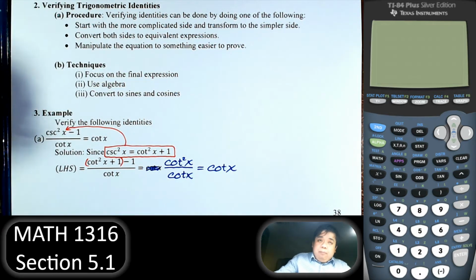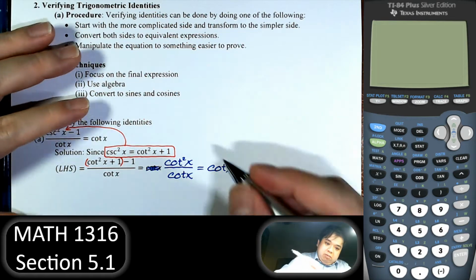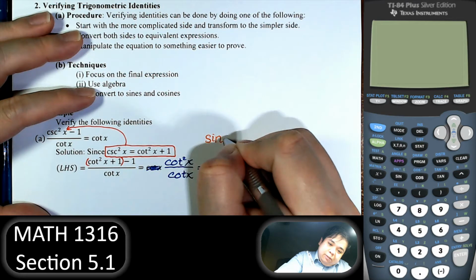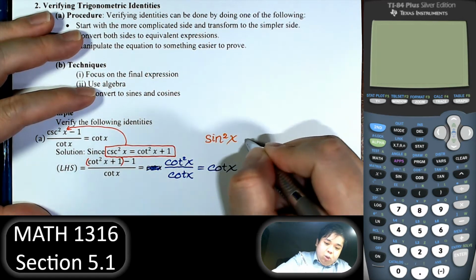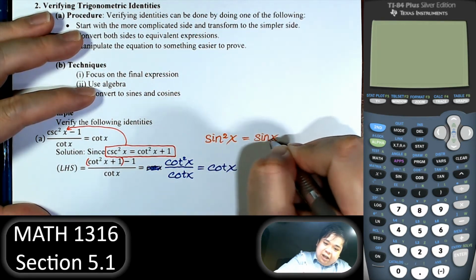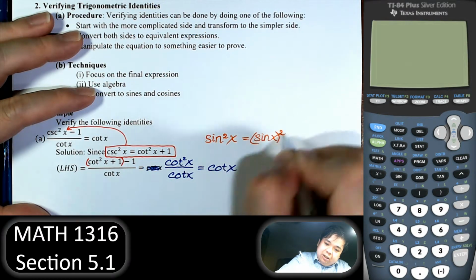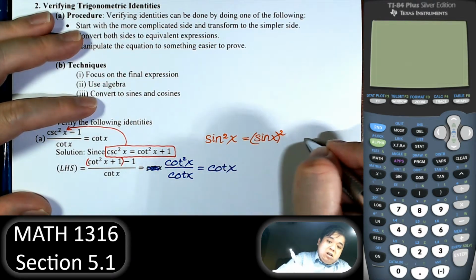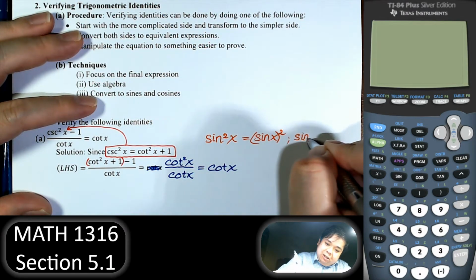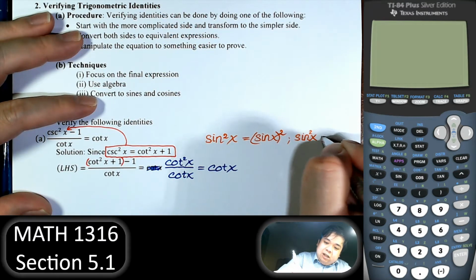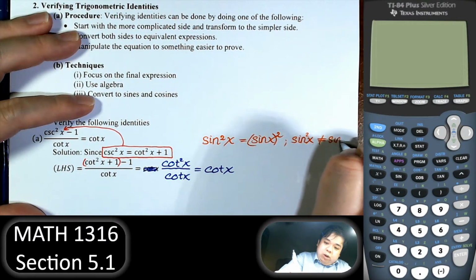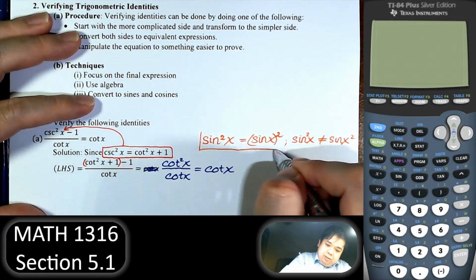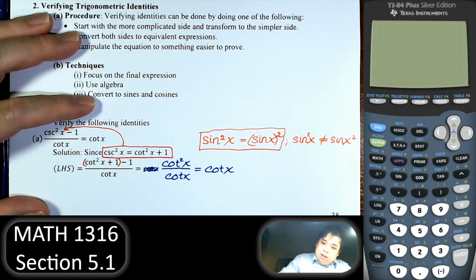If I did not mention before, which I think I did many times, when we write sine squared x like that, we mean sine x, squared. This is different than sine of x squared, and they are not equal.